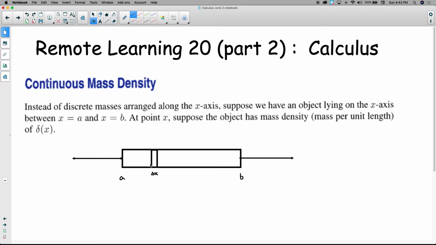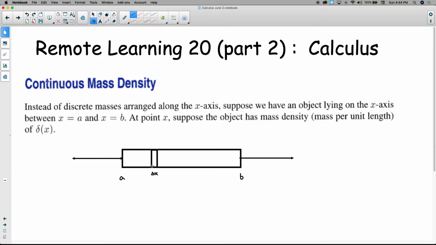Okay, so why are we doing that? Well, again, this has variable density. So I can find the mass of this, or maybe I should say I can approximate the mass of this, because I know the density is going to be pretty much uniform over this delta. But it's not.